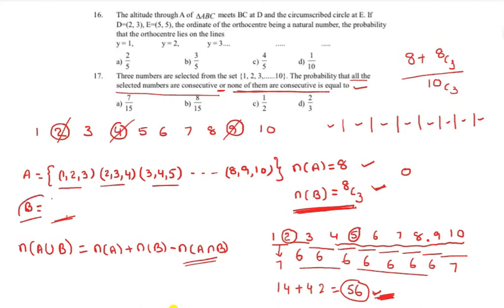So for finding the number of elements in B, none of them consecutive: total 10C3, that is 120 possibilities. From these 120 possibilities, subtract all 3 consecutive and subtract exactly 2 consecutive.